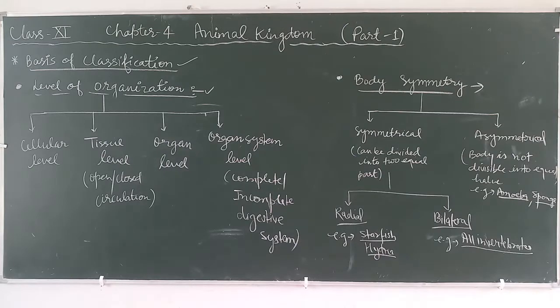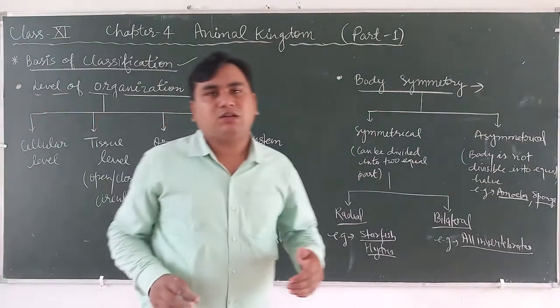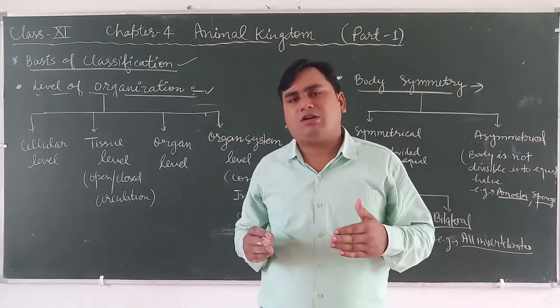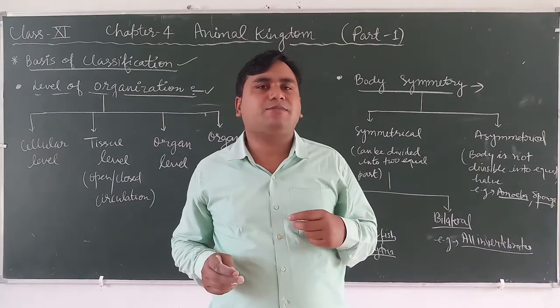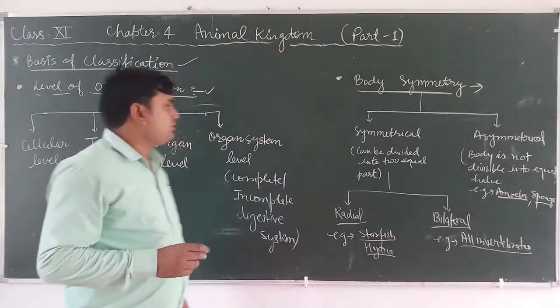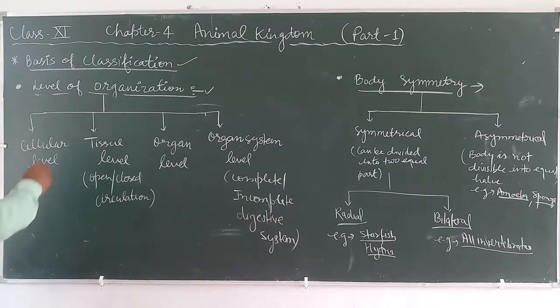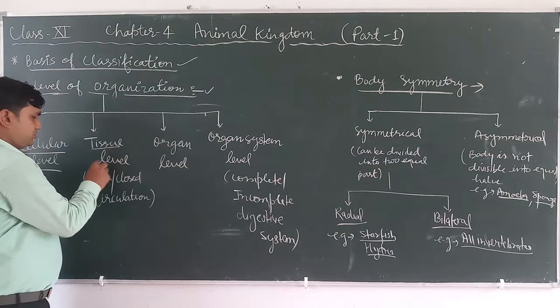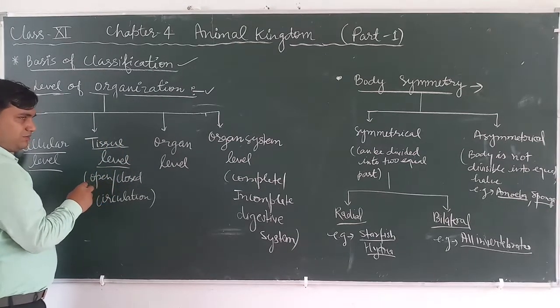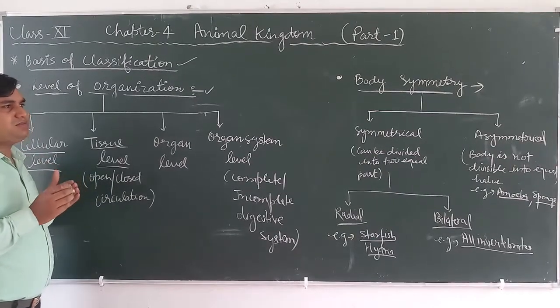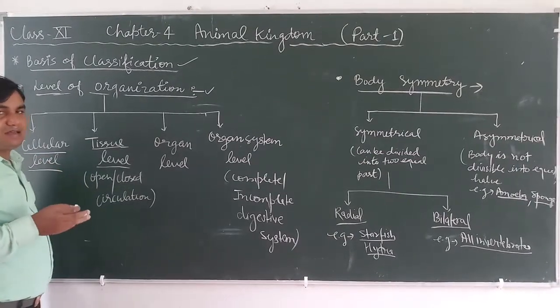Next topic, one by one in detail. First, level of organization as a basis of classification of organisms. This level of organization is based on the cellular level. In the cellular level, they are multicellular or unicellular. In the tissue level organization, it depends upon the tissue quality, which type of tissue is present in the organism.